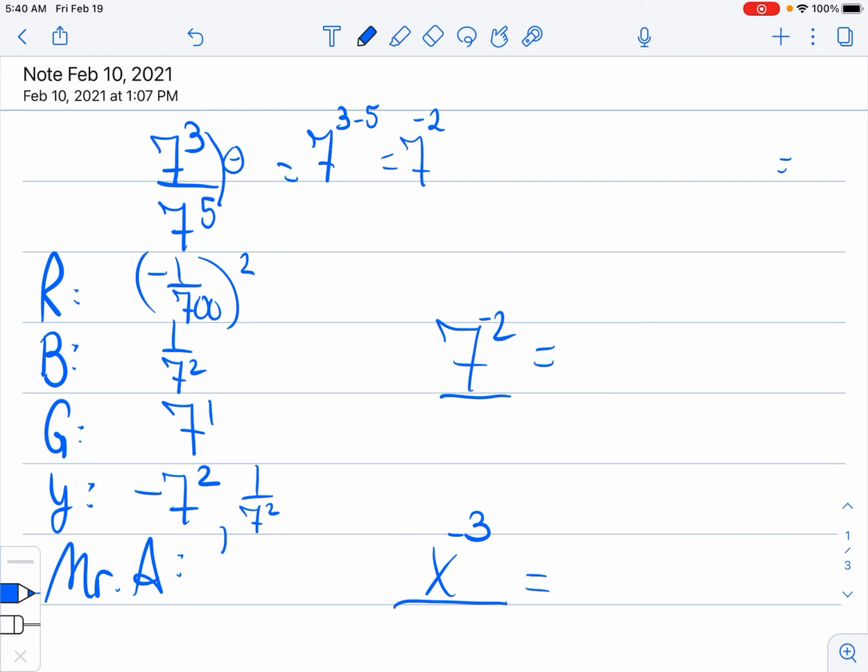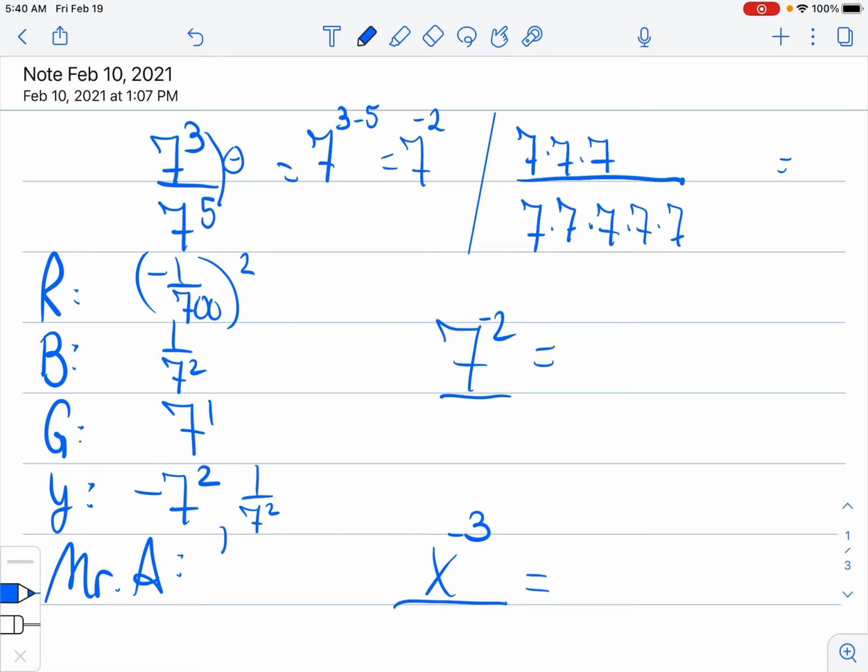Okay, now here's how we can write that using a positive exponent, because the other way to show this is to use expansion. So we'd have 7 times 7 times 7 on the top, and on the bottom we'd have 5 sevens multiplied. 2, 3, 4, 5.